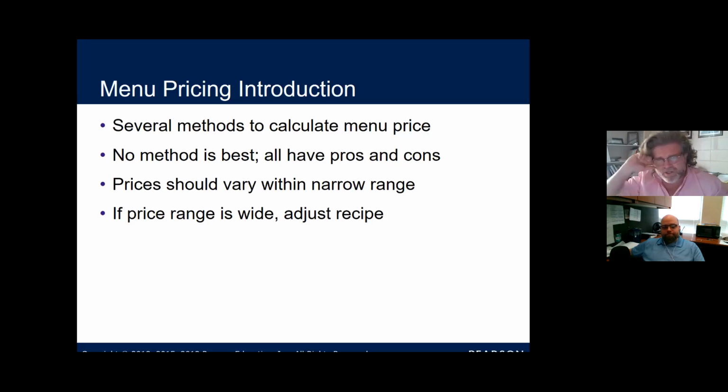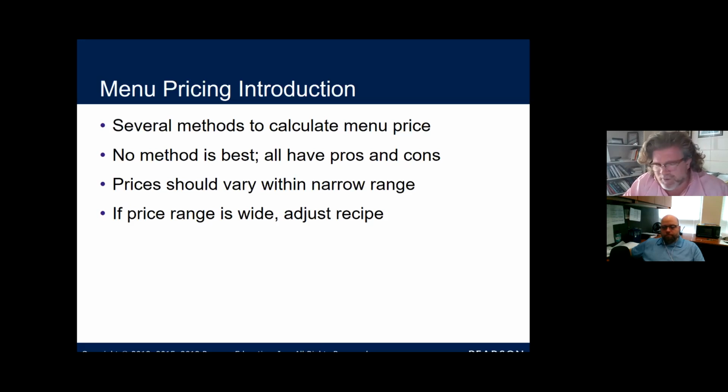So one other thing that you want to keep in mind is that prices on a menu should fall in a pretty narrow range. This is why no single pricing method works best. If I have a menu with chicken on it, and I also have Kobe beef, let's say, I'm a high-end restaurant.